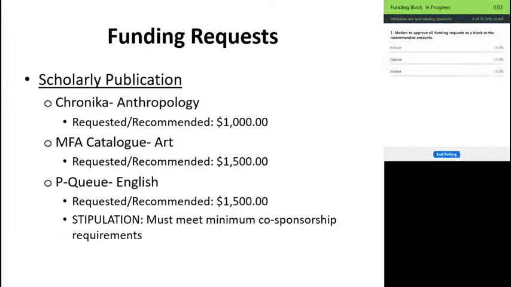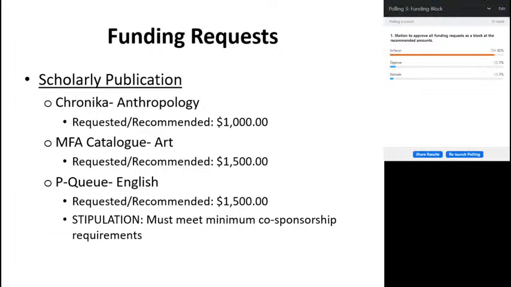Here we go. All right. Motion to approve all funding requests as a block at the recommended amounts.